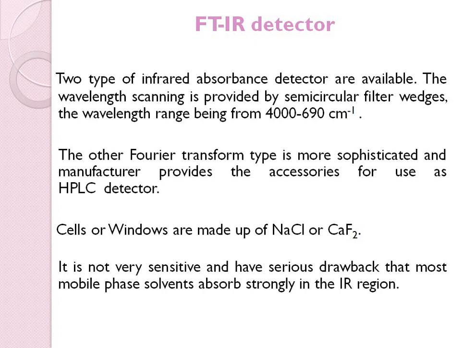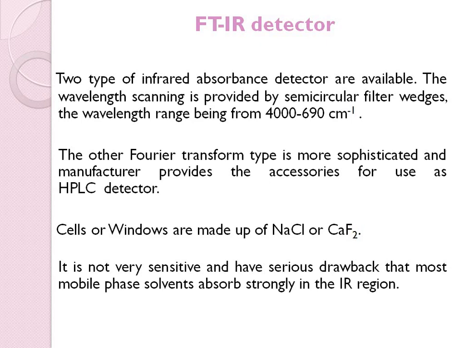Here in the FTIR detector we can separate our compound as well as analyze the compounds. Their functional groups we can analyze by using this FTIR detector. Two types of FTIR absorbance detectors are available. The wavelength scanning is provided by semicircular filter wedges, with the wavelength ranging from 4000 to 690 per centimeter.